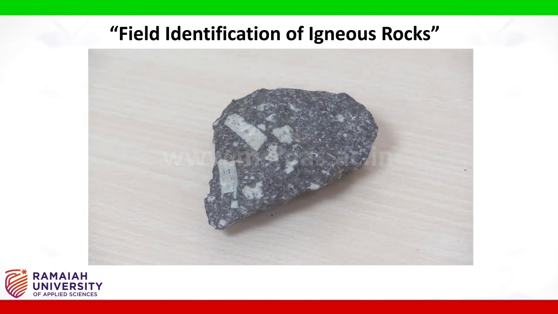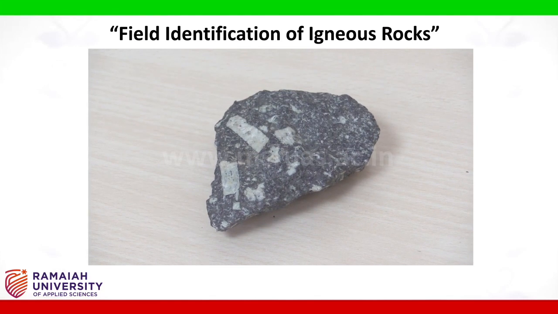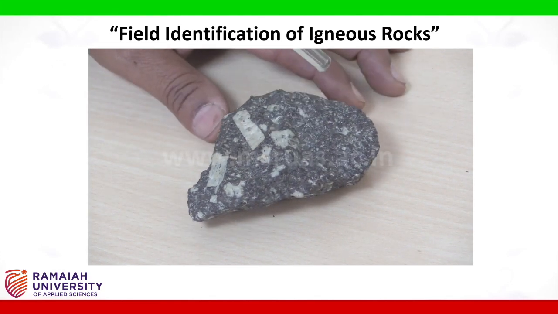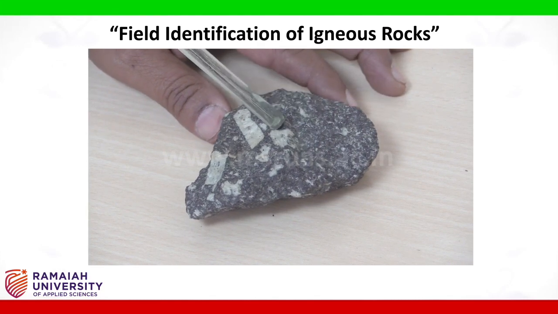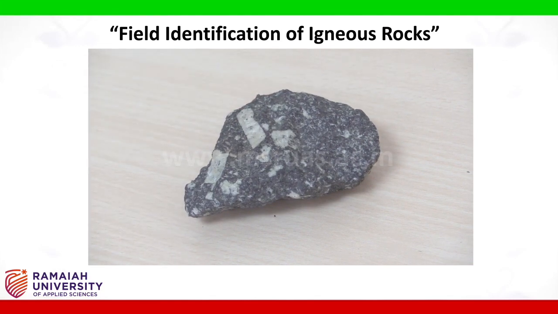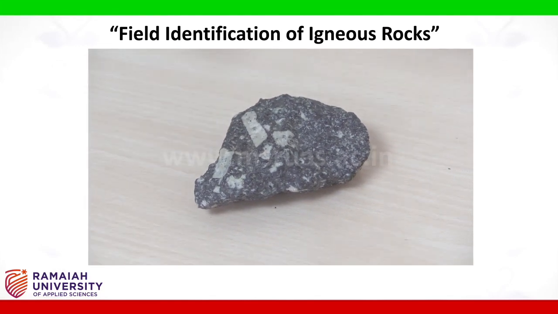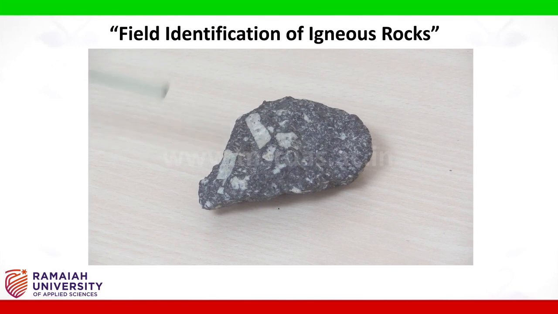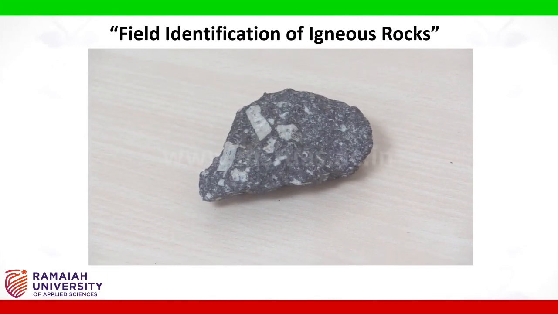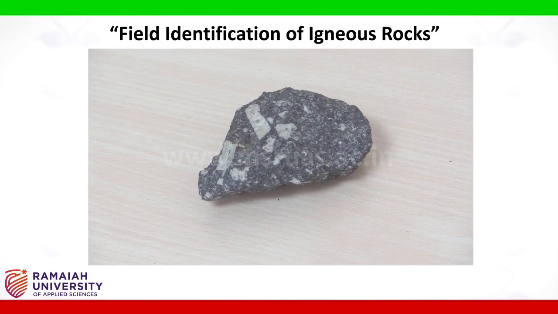This combination of coarse grains embedded in a fine to medium groundmass is called the porphyritic texture. Almost all rock types sometimes crystallize with the porphyritic texture. The porphyritic texture generally occurs when the rock crystallizes just below the surface of the earth.